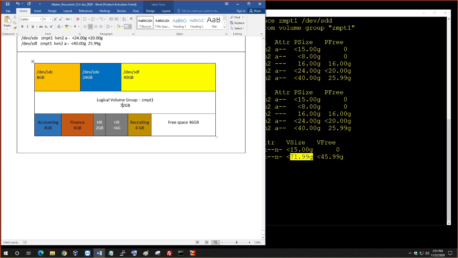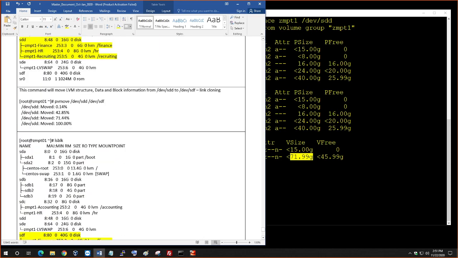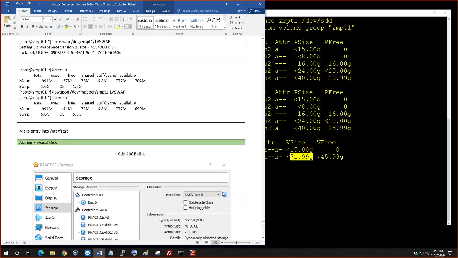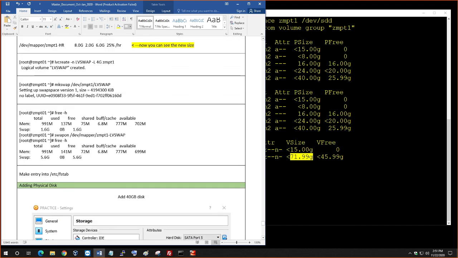Okay, now what I'm going to do is here to update this, I think we have swap in here too, right? Swap file. LV swap. And how much is it? 4 GB.